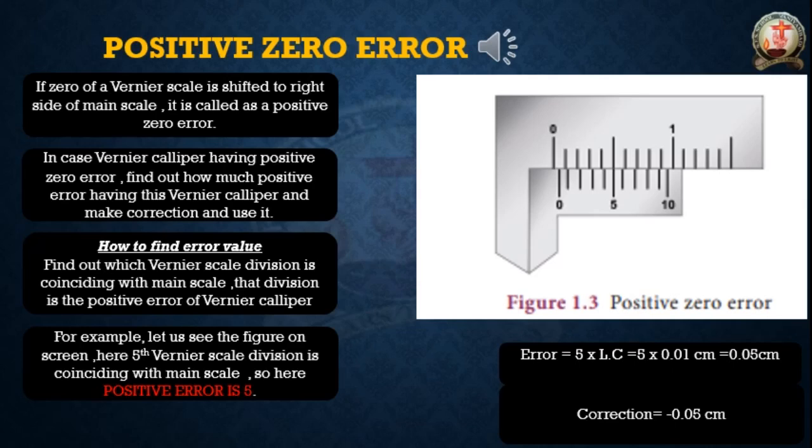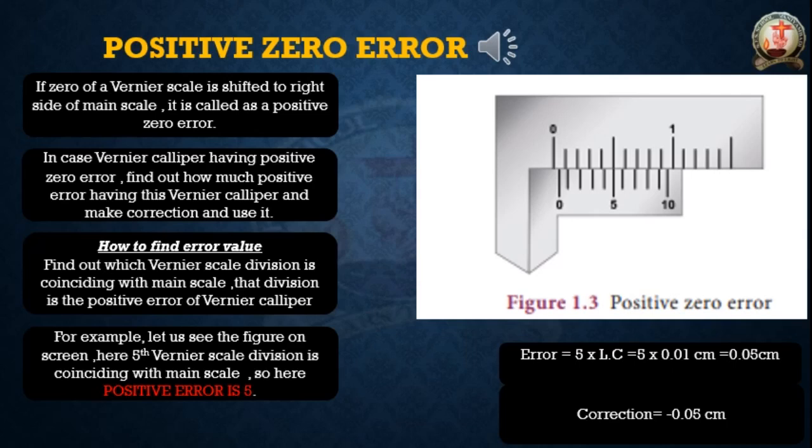If any vernier caliper has an error, that error is usually of two types: one is the positive zero error and the other is the negative zero error. We will discuss the negative zero error after 5 or 10 minutes. First, we should see the positive zero error.